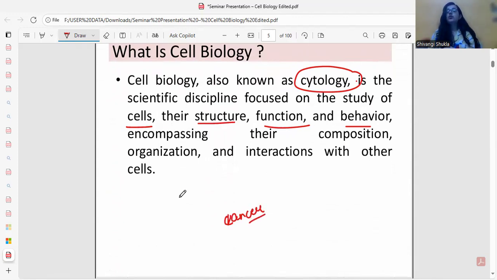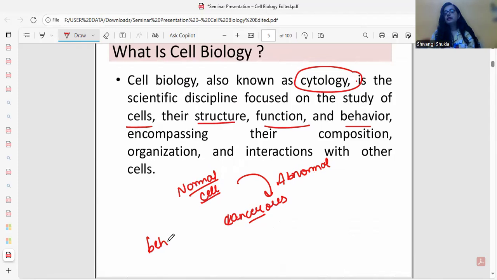Because we know the behavior of a normal cell, that is how we are able to determine the abnormal behavior of cancerous cells. Had it not been for the structure of the cell, we would not have identified the disease as cancer. So whenever we understand a disease, we try to understand it at the grassroots level, which is definitely a cellular composition.